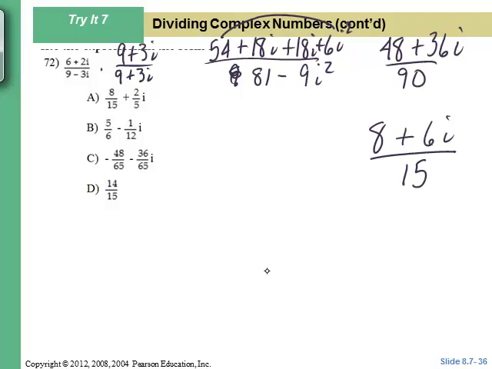54. 9 minus 9i squared, which is 9 plus 9, which is 81 plus 9, which is 90. 54, this is i squared, so that's minus 6. 54 minus 6 is 48, plus 36i.